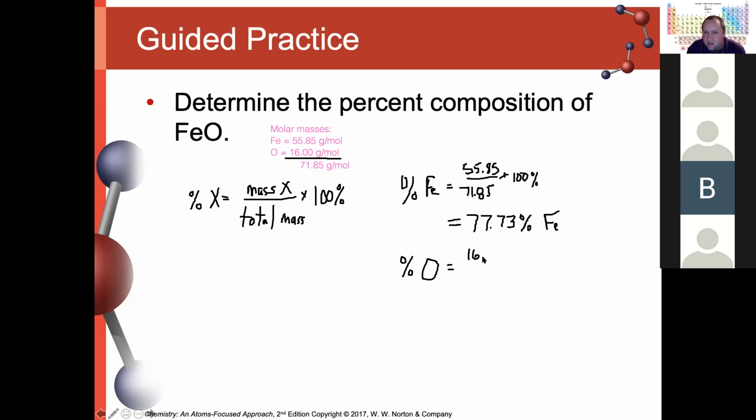Mass of oxygen is 16. Total mass is still 71.85. If I do that calculation, 16 divided by 71.85 times 100%, I would get 22.27.